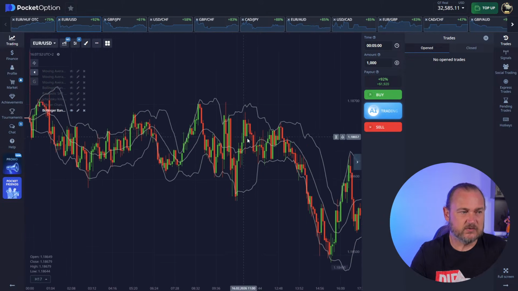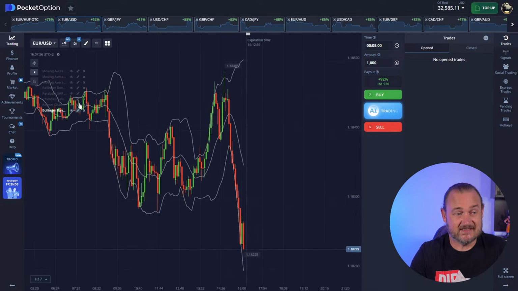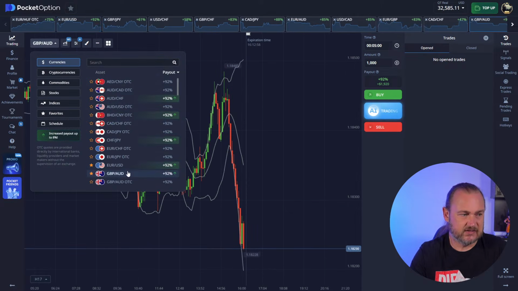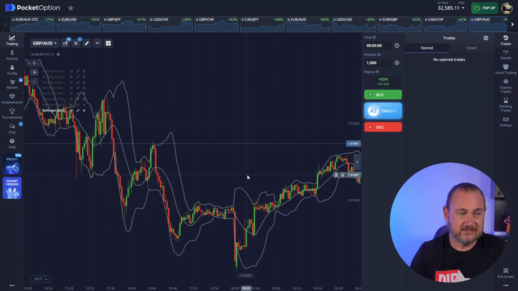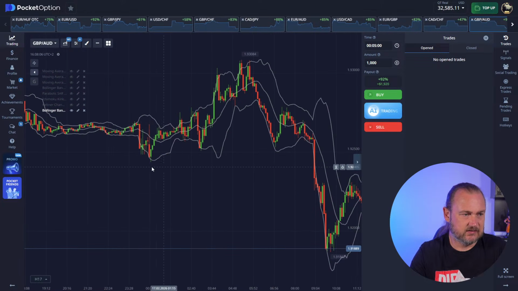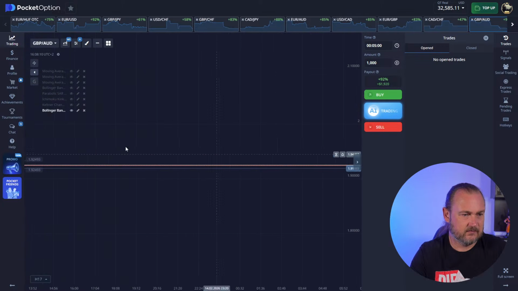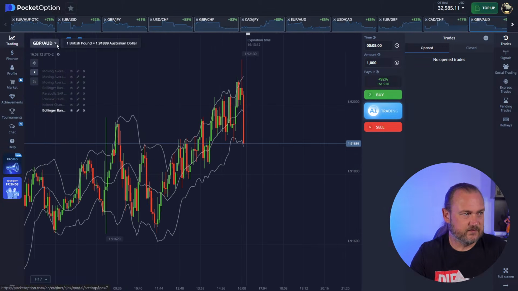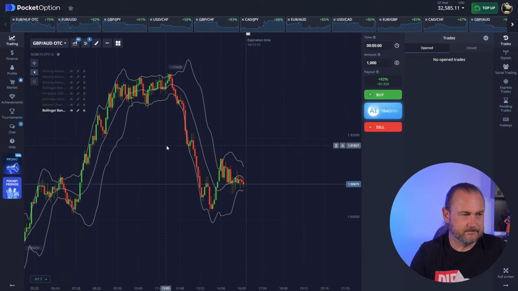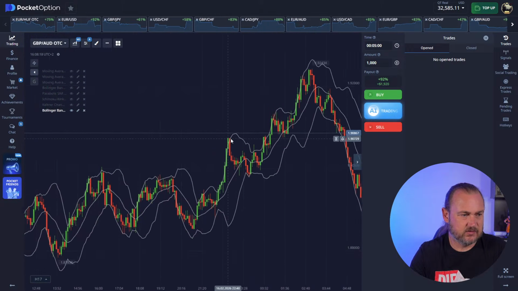Even on a 1 minute chart, there could be a day that you will not see a Bollinger Band squeeze on an asset, but they do occur. This is kind of an example, but not a great one. Let's see if we can find a Bollinger Band squeeze somewhere and see what it looks like.